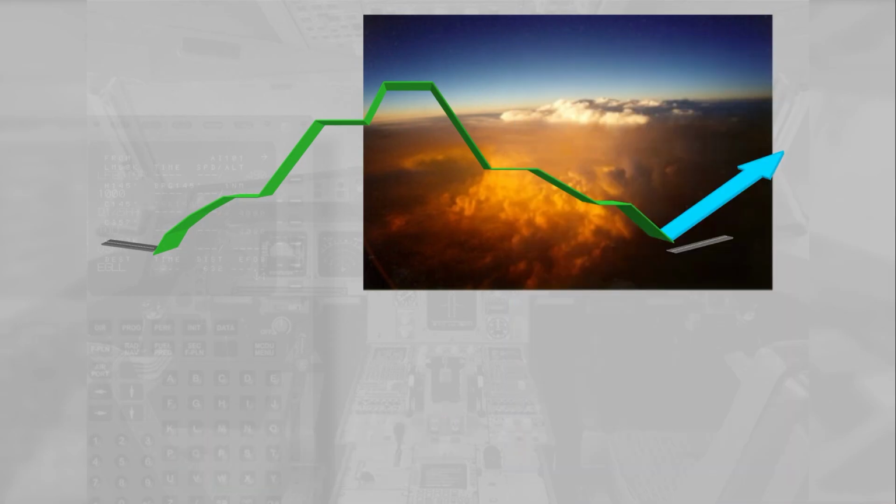The FMGC computes predictions for the primary and secondary flight plan whenever the lateral and vertical flight plans are completed and when all strategical and tactical data is inserted.